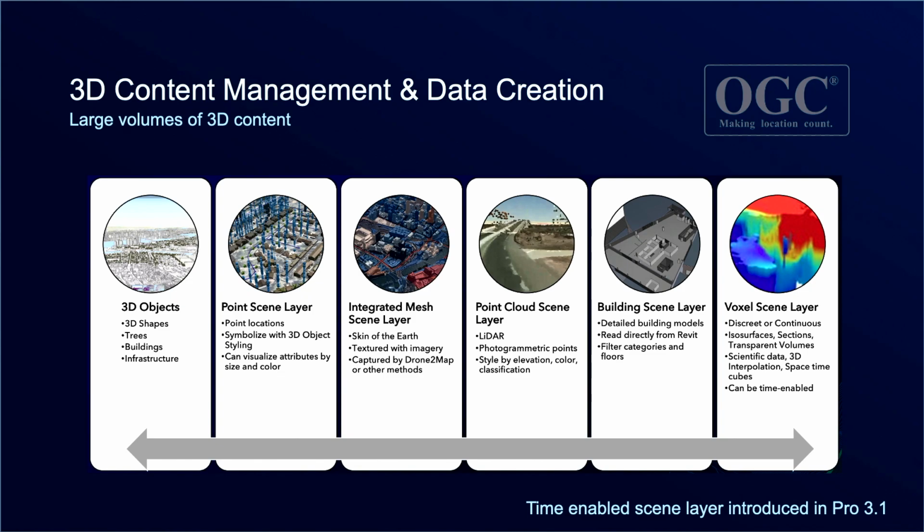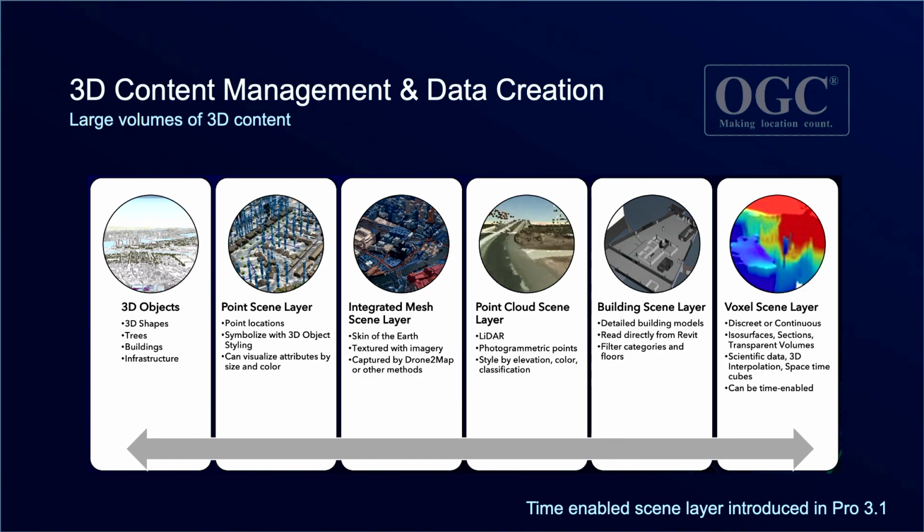And so what we currently have is 1, 2, 3, 4, 5, 6 scene layers, and they are called I3S. I3S is the Indexed 3D Scene layer. That is an open geospatial standard, as you can see up there, and can be used for streaming various different data formats.